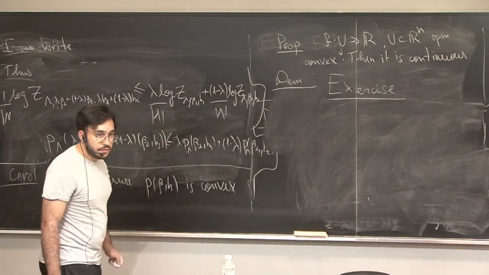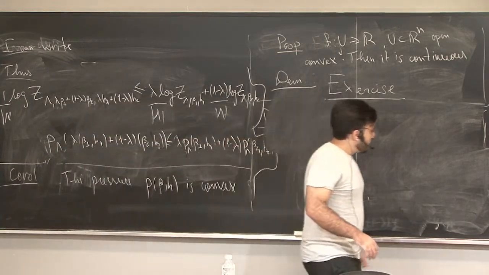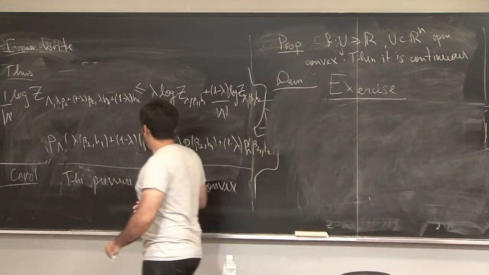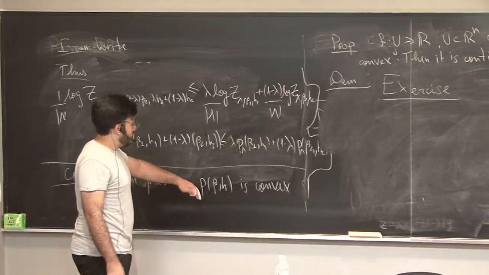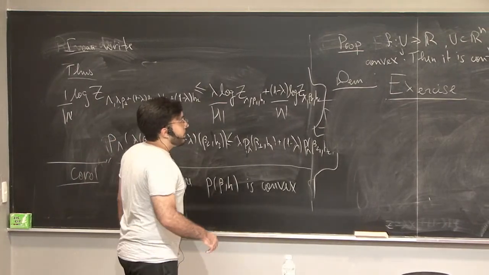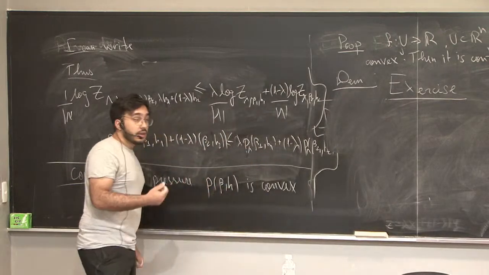Actually, the proof is quite straightforward. And since the thermodynamic limit of the pressure is also convex, this means that the pressure is automatically continuous with respect to beta and h.